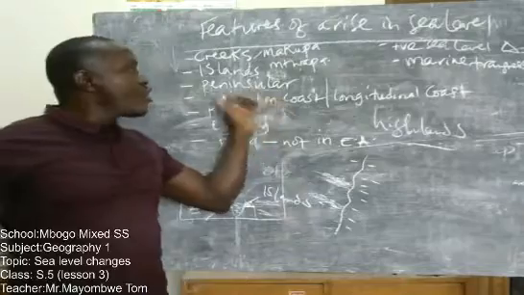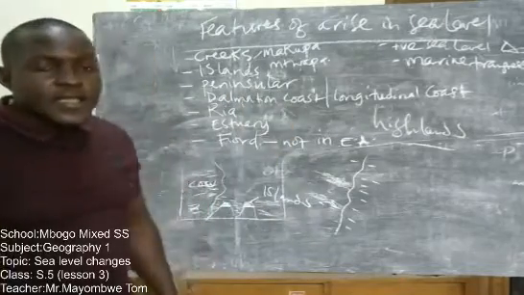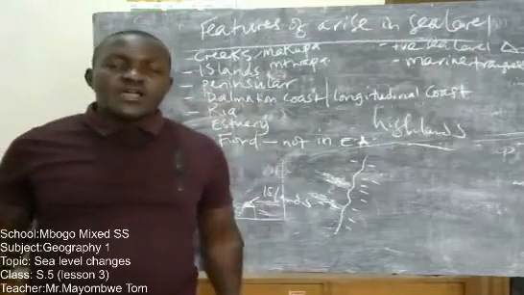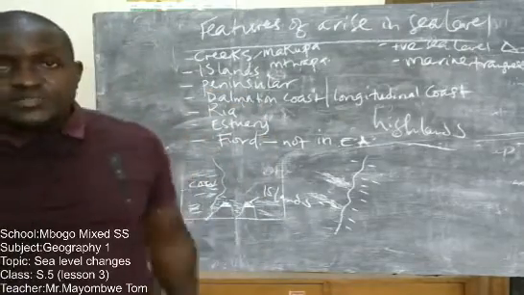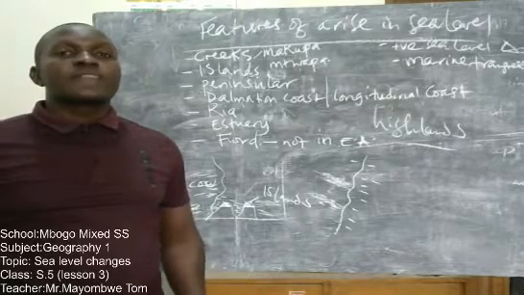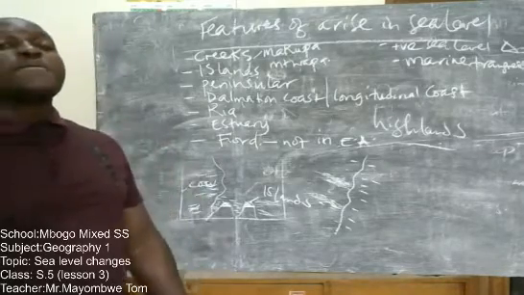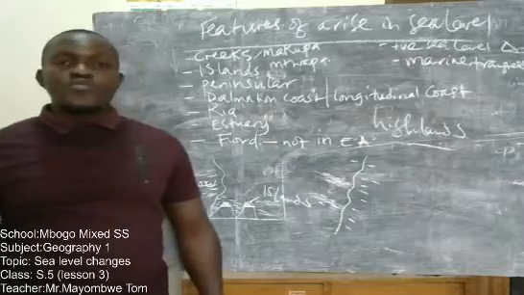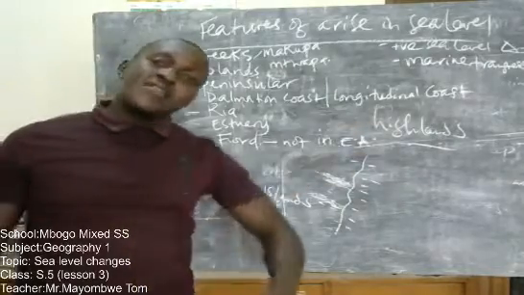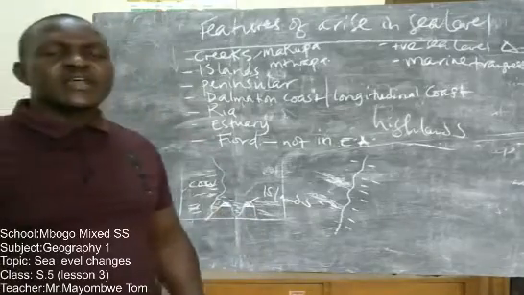Then we have what we call a peninsula. A peninsula is a projection of land into the water or into the sea. How do they form? Peninsulas form when highlands occur at right angles to the coast. You know a right angle?